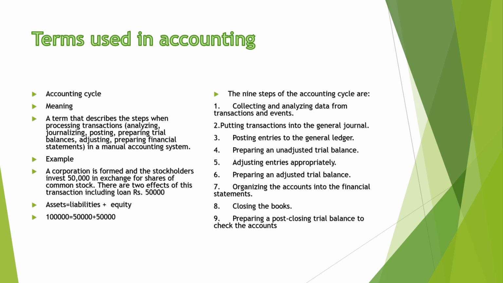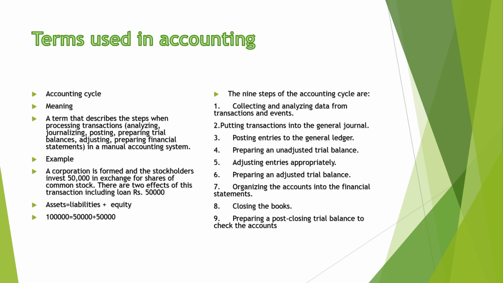We are repeating every year, every day, 6 months, like that. So this is the process of accounting. Here one example is given with the help of an accounting equation, that is assets is equal to capital plus liability, or liability plus equity is equal to assets. So what are the 9 steps in the accounting cycle?